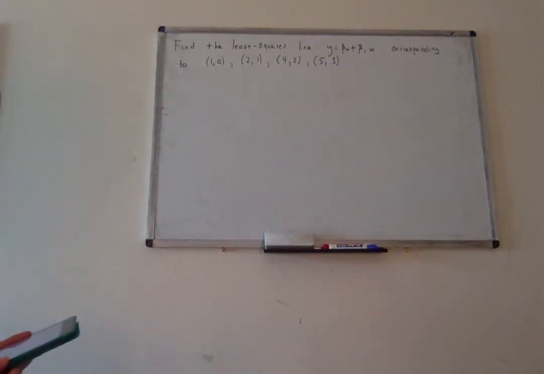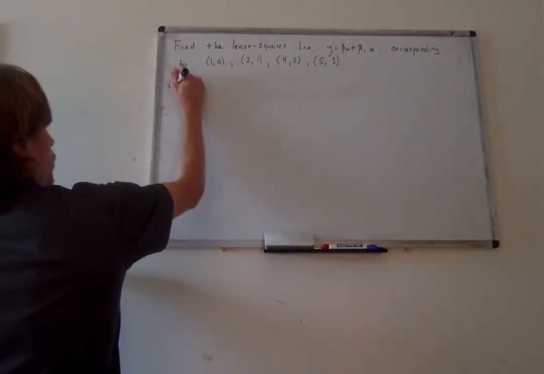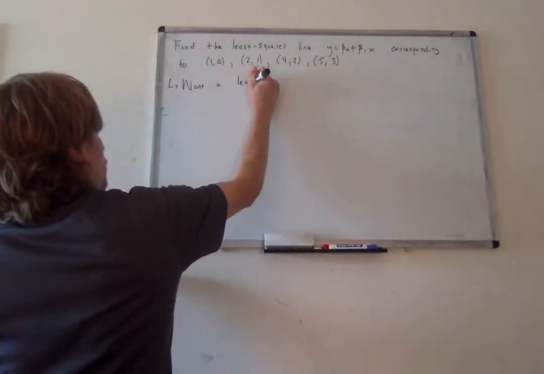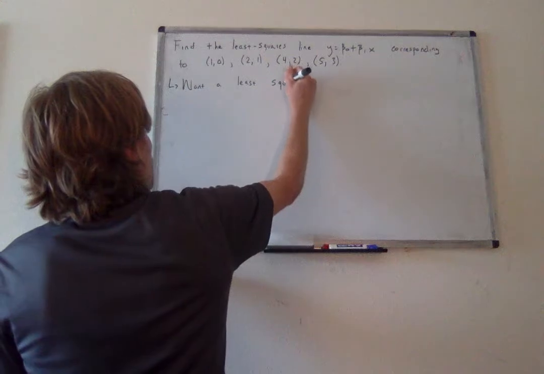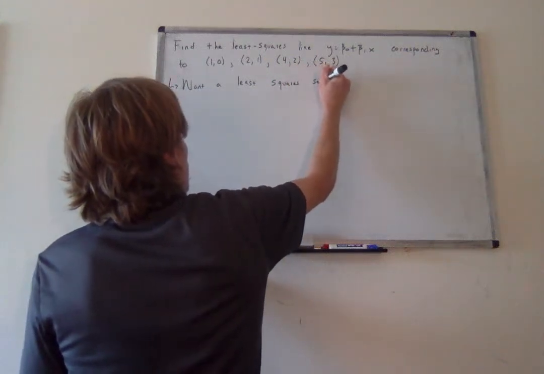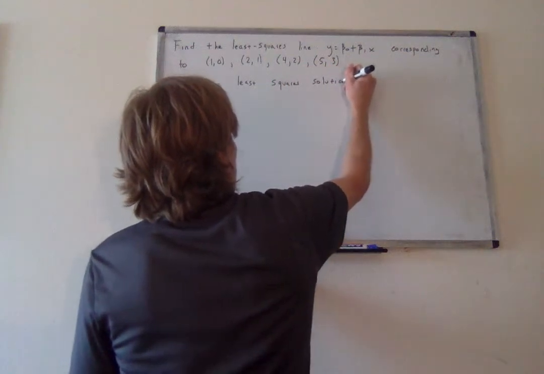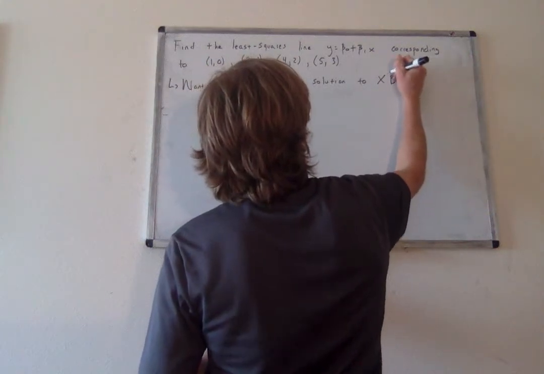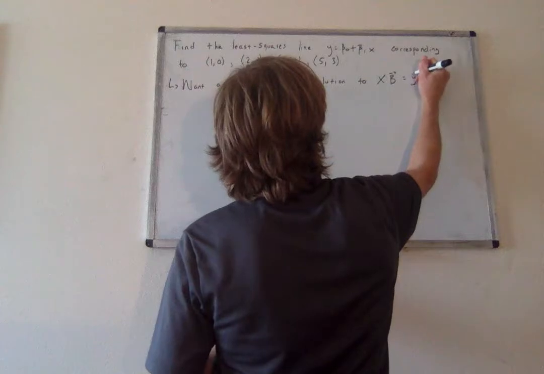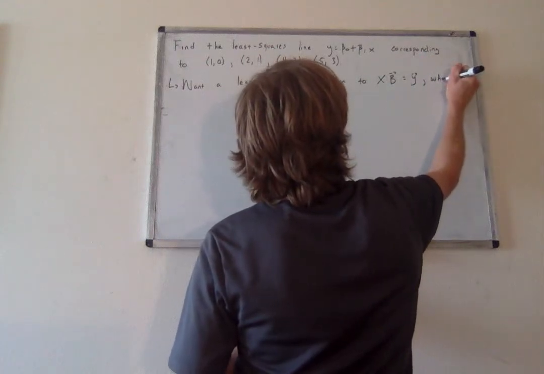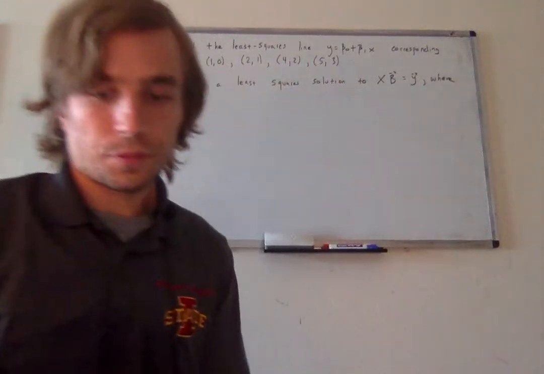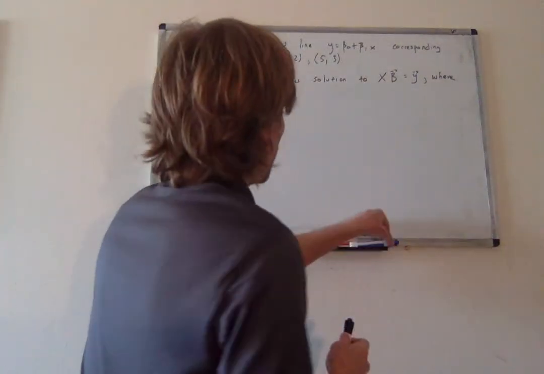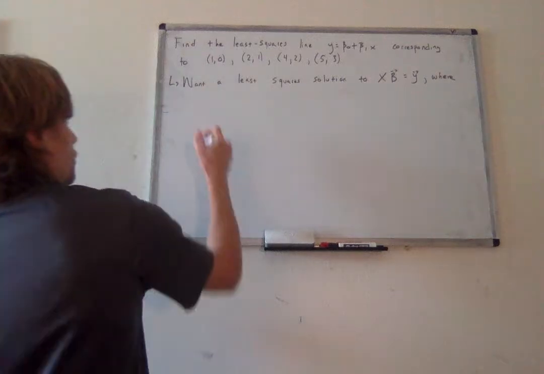So what we just saw is we want a least squares solution to the matrix equation x times b is equal to y, where we define our matrix and vectors as follows.